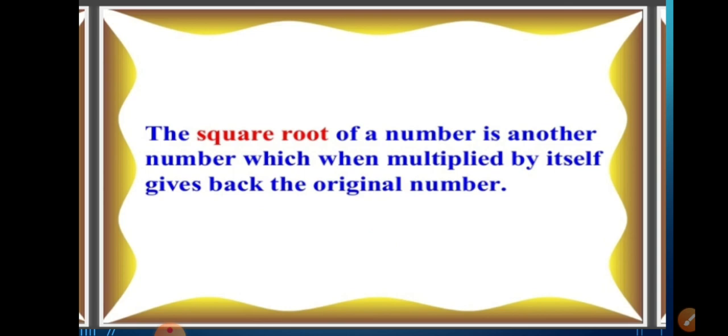This is the square of 5. Now square root is the opposite. If we have to find the square root of 25, the answer will be 5. So that is why it is said that the square root of a number is another number which, when multiplied by itself, gives back the original number.